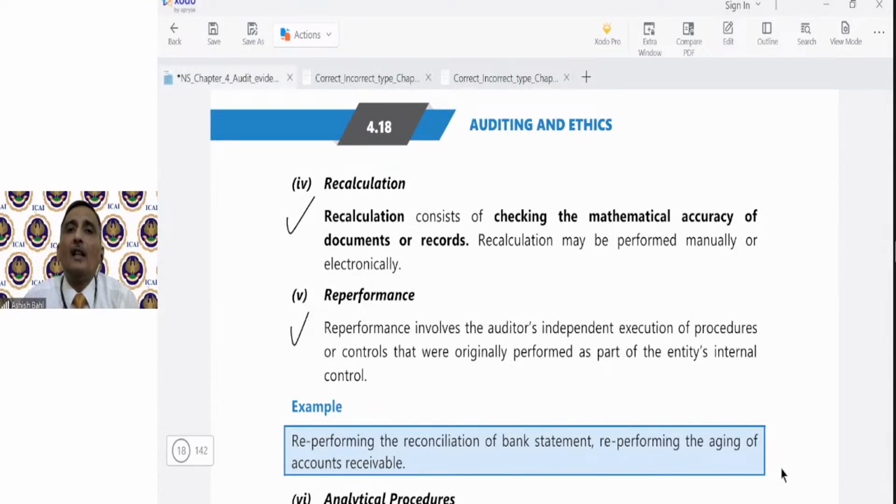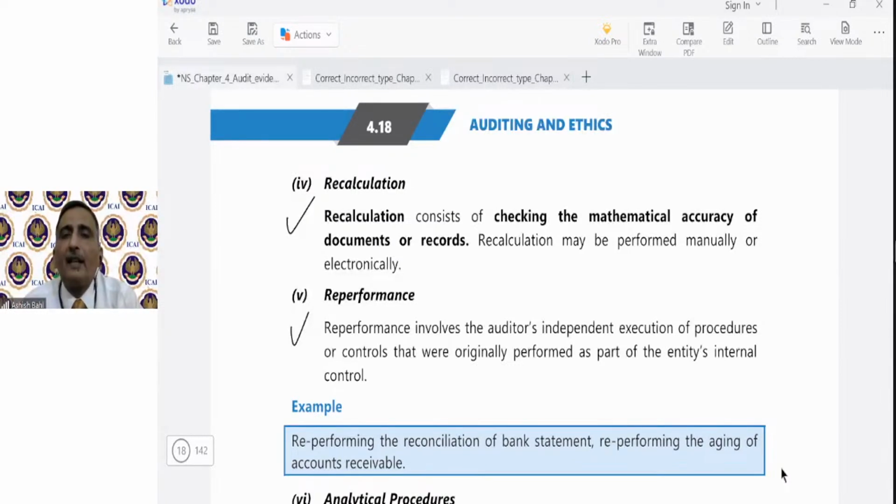So it involves independent execution of procedures which were devised by the management as part of control. Like say, management has devised a control that the accountant of the company will perform BRS, bank reconciliation statement, every month. Okay, so the accountant is preparing it.